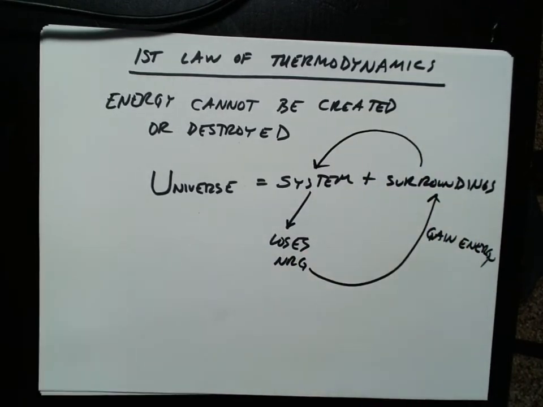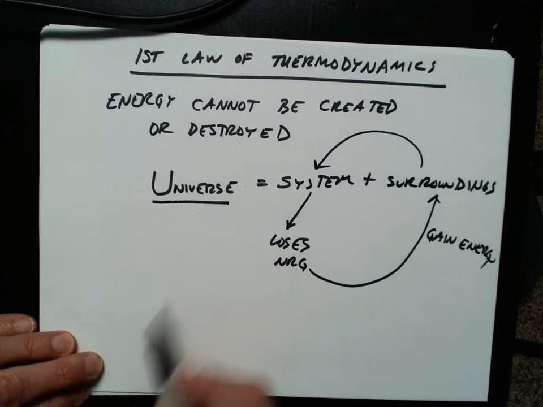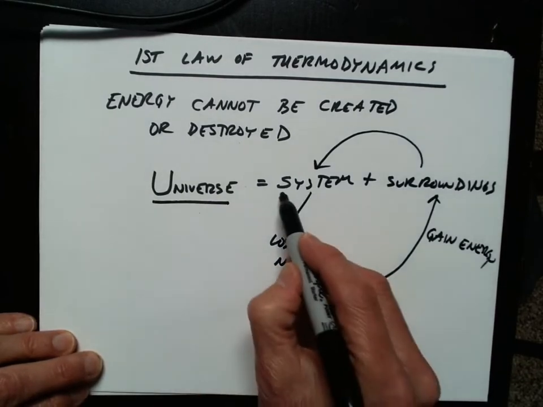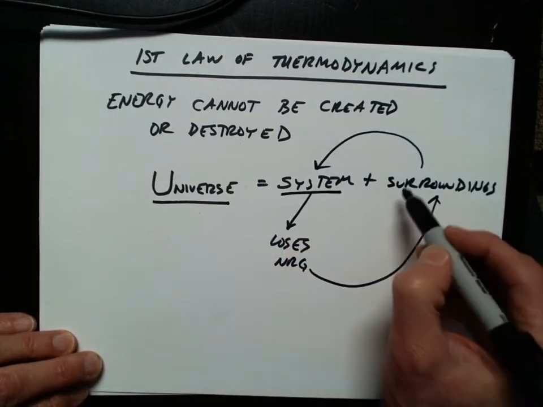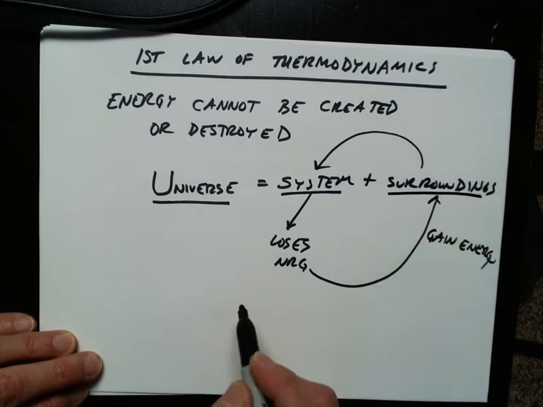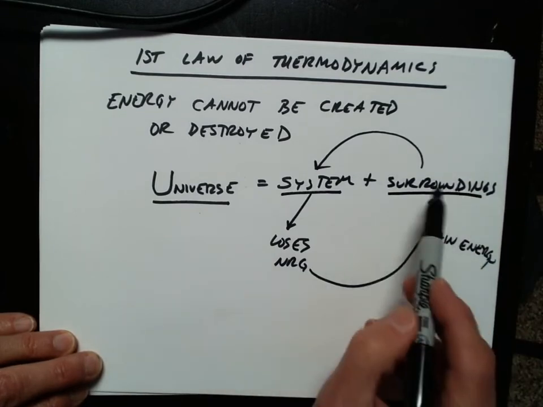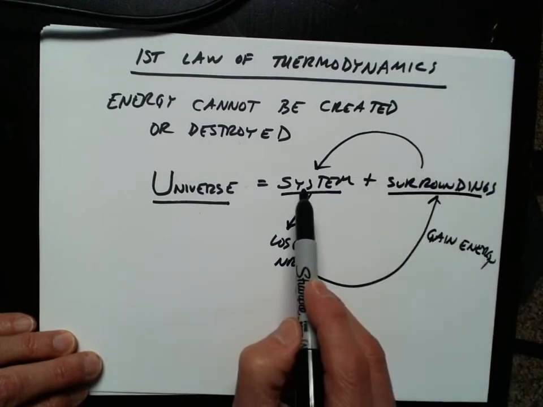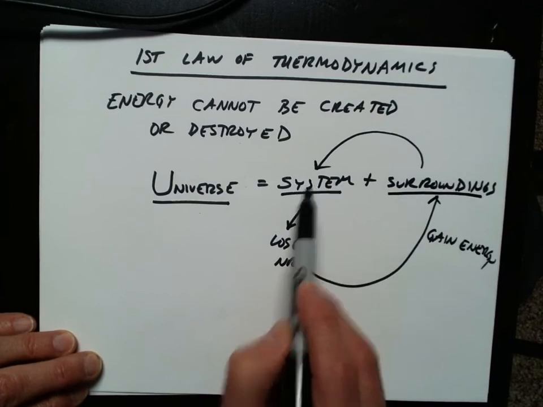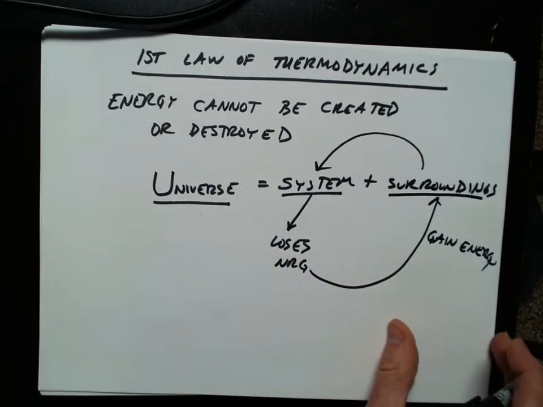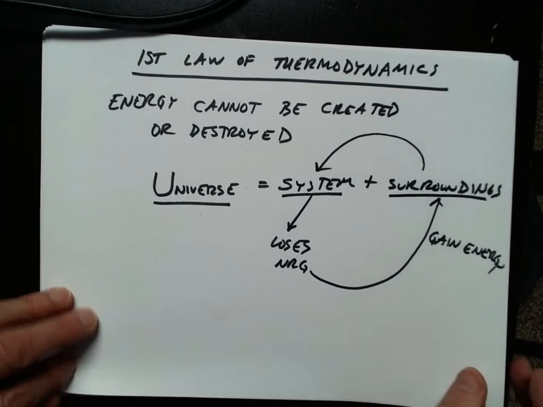Now, the universe itself can't lose energy, but that does not preclude the system from losing energy, and it does not preclude the surroundings from losing energy. It just means that, like I said, if the surroundings lose energy, the system has to gain it. If the system loses energy, the surroundings have to gain it. Pretty simple idea.